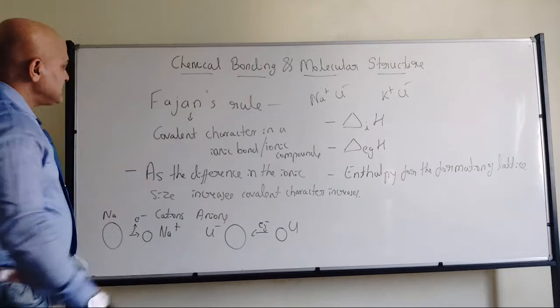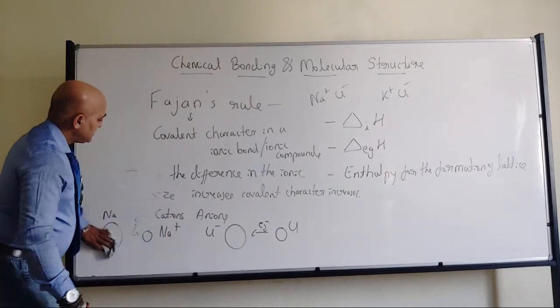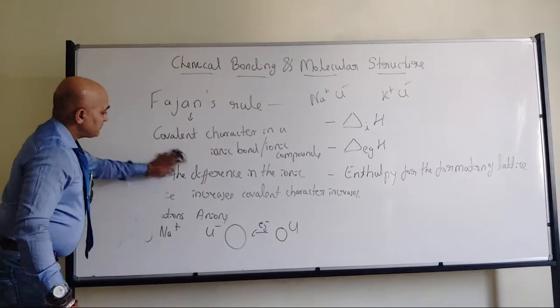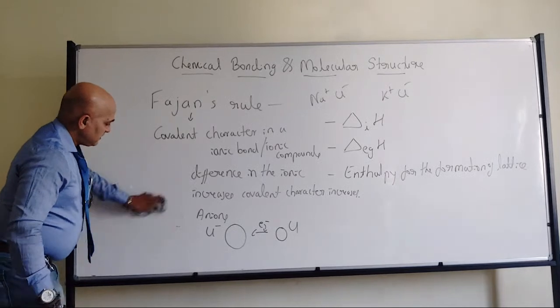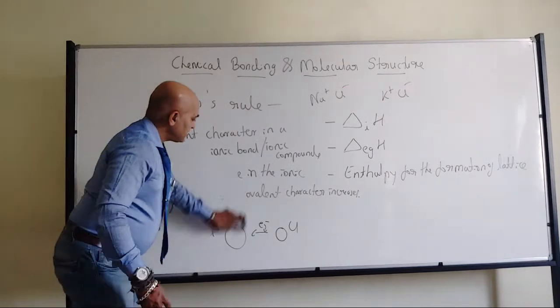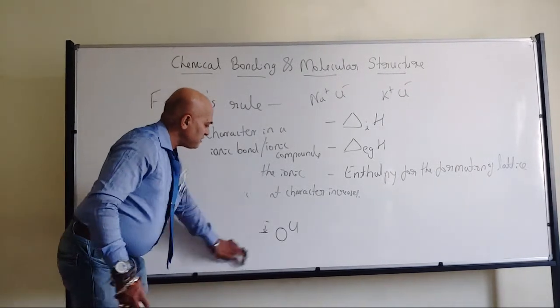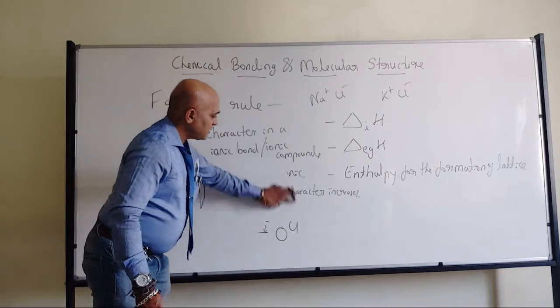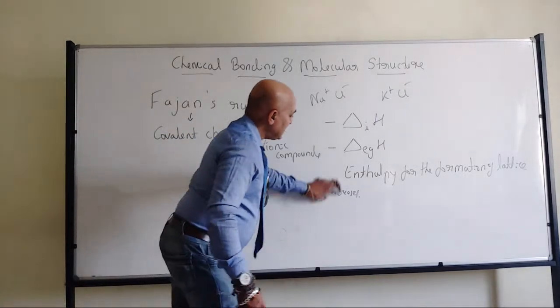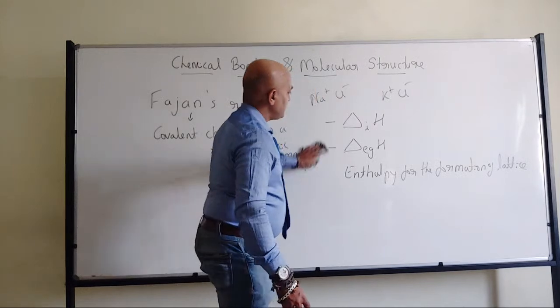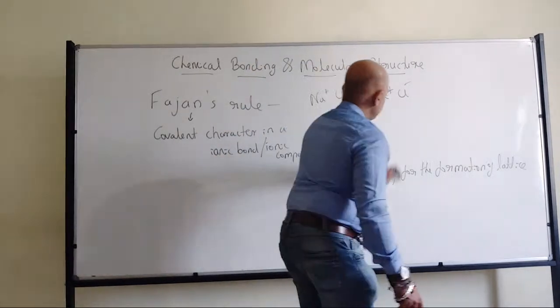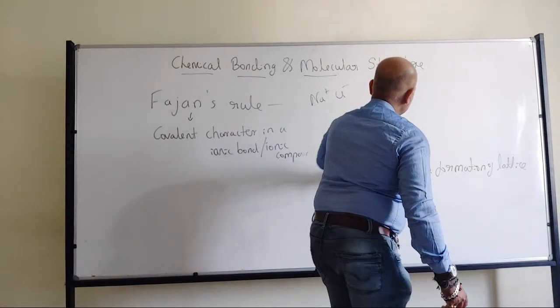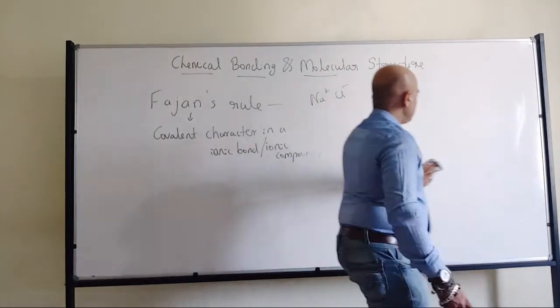Any doubts? That's the first point related to Fajan's rule. Difference in the ionic radius means the difference in the size of the cation and anion involved in that particular ionic compound. Any doubts in that?